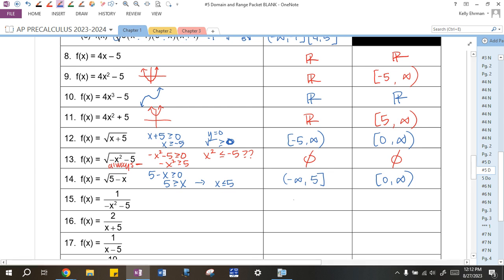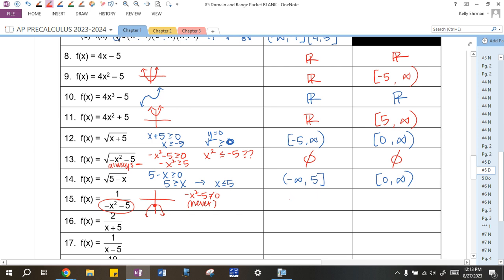What about the domain for number 15? We said negative x squared minus 5 is always negative, and it's never 0, right? If you graph just this piece, ignoring the 1 over part, you've got a graph that's been shifted down 5, and it opens down. So what can I plug in for x? I only care that negative x squared minus 5 doesn't equal 0, and it never does.